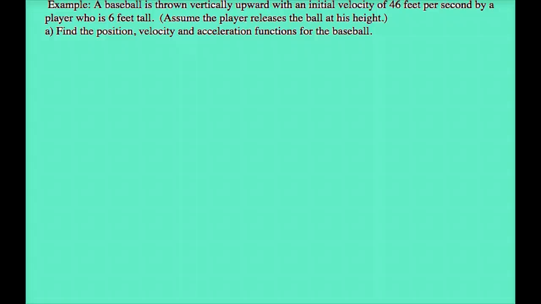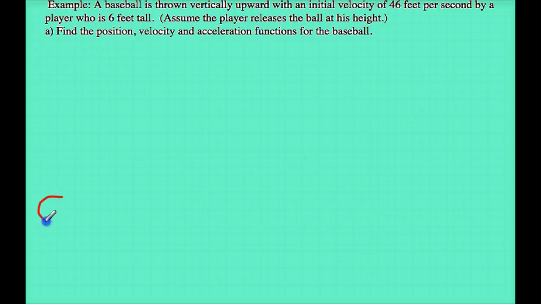It says a baseball is thrown vertically upward with an initial velocity of 46 feet per second by a player who is 6 feet tall. Assume the player releases the ball at his height. So let's actually draw this picture and see what's happening. I have a baseball player, right?